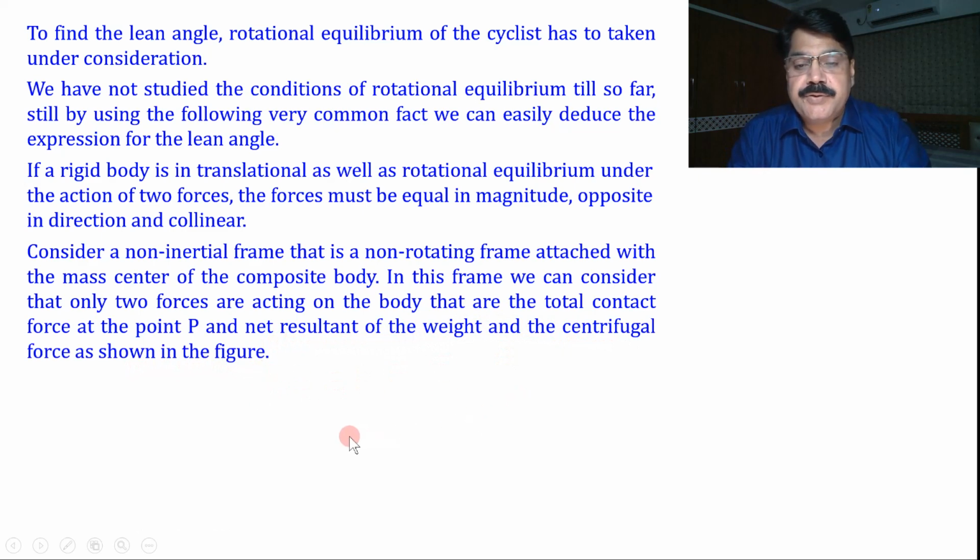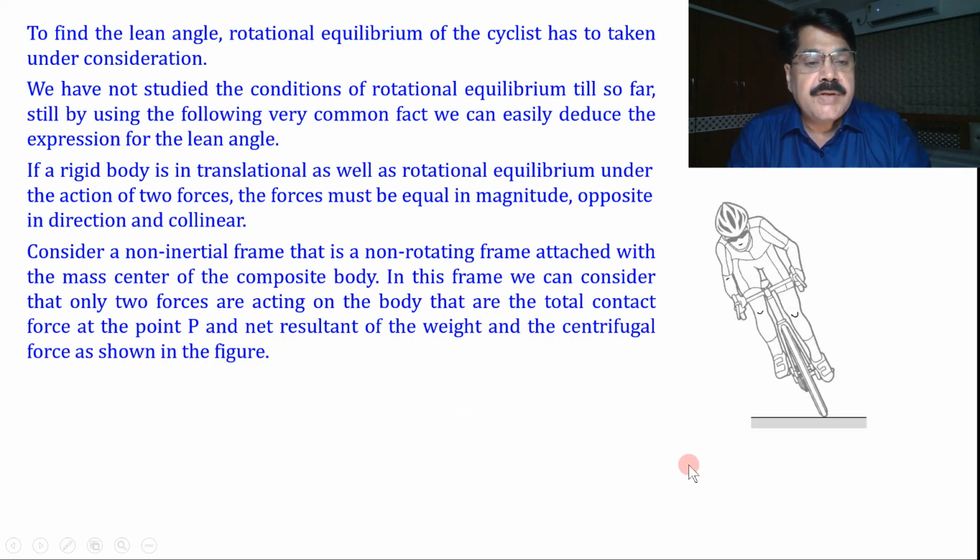See here, the cyclist and lean angle theta. So here the forces are mg and N, and mv square by r, the pseudo force, which acts outward, and the frictional force.